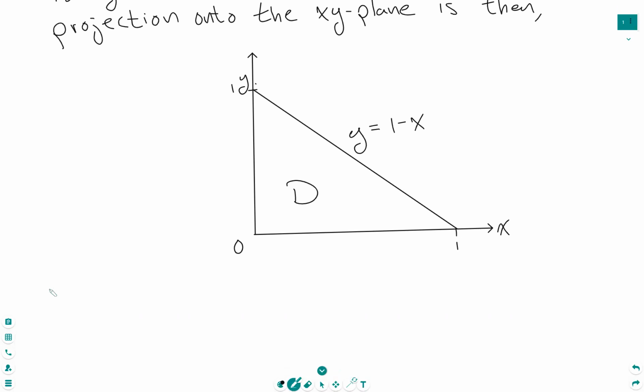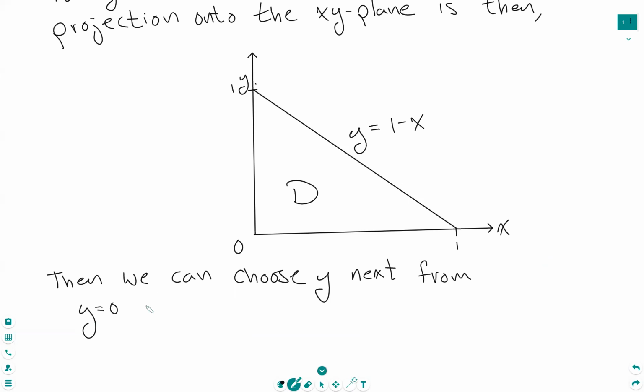So then we can choose to do Y next. And of course, we could also do X next as well. We're just going to arbitrarily choose Y here. This is both a type 1 and a type 2. Now Y goes from 0 to y equal to 1 minus x.